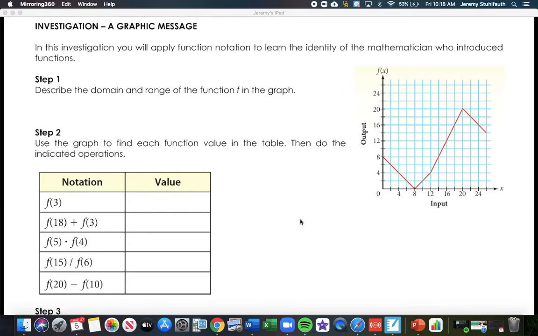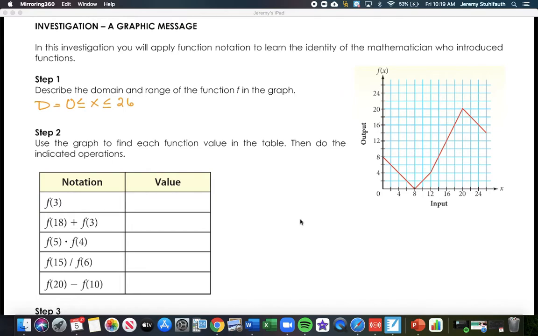So the first thing we want to do is describe the domain and range of the function f in the graph. If we look at this, we can see that the domain is our x values. The domain is going to be 0 included, and it's going to include all the x values up to 26 included.